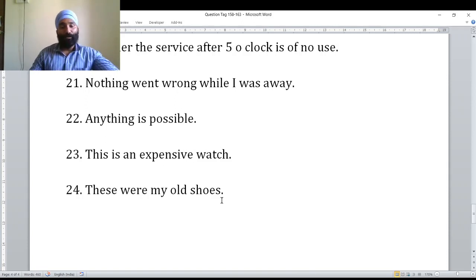So these are the 24 sentences which you have to solve. These are 24 different types of sentences. Solve all the sentences. If you have any doubt, you can ask me on my WhatsApp number.